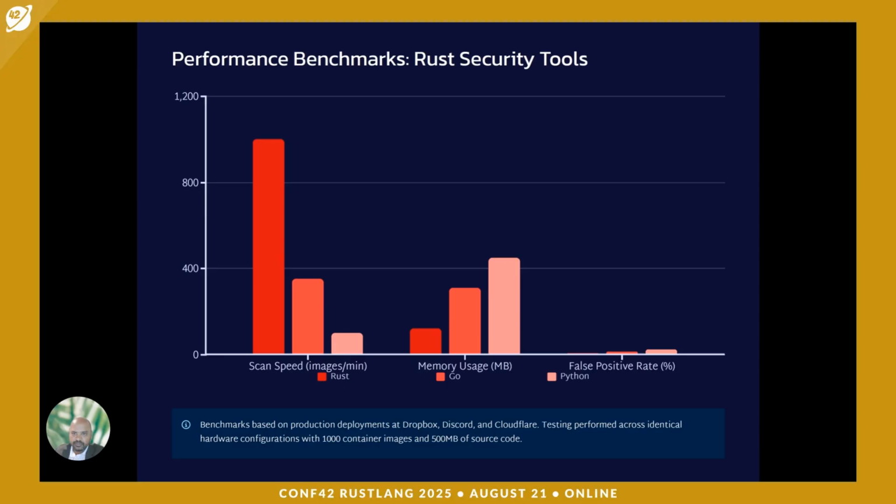In numbers: 3 to 10 times faster scans, 60% less memory use, lower false positive rates, all without sacrificing safety. That's the definition of security at scale.